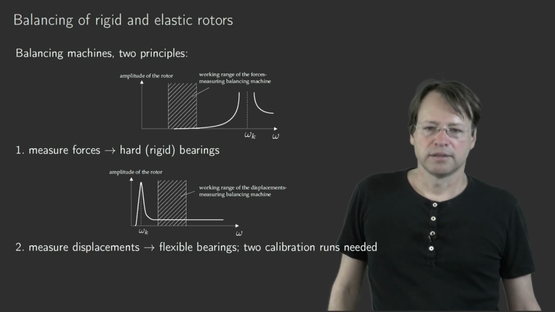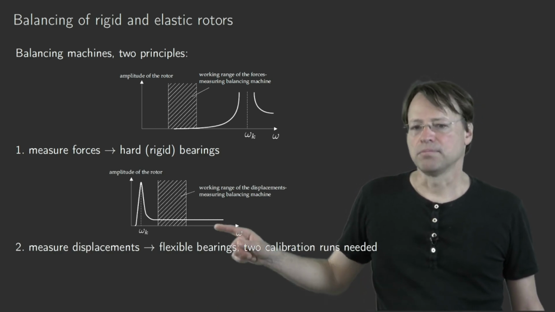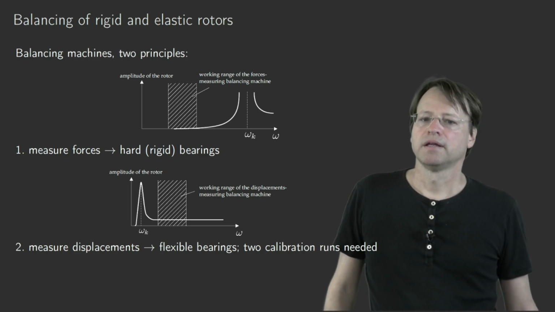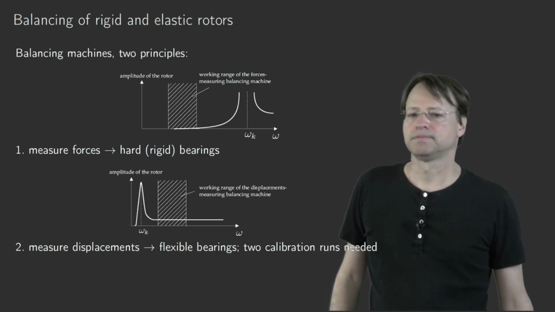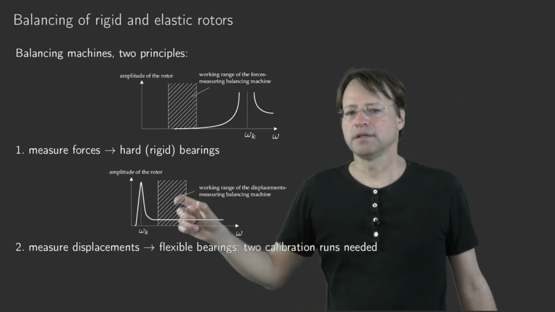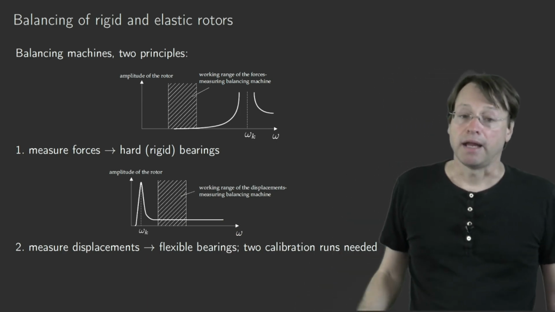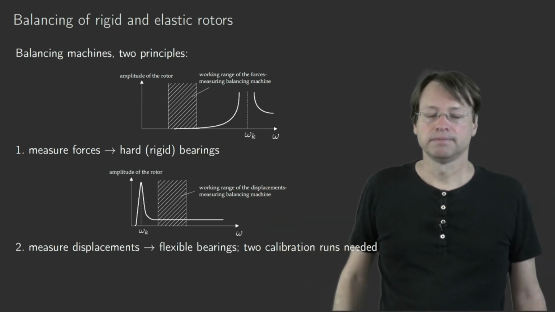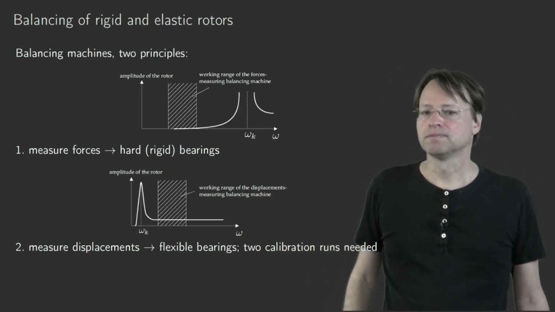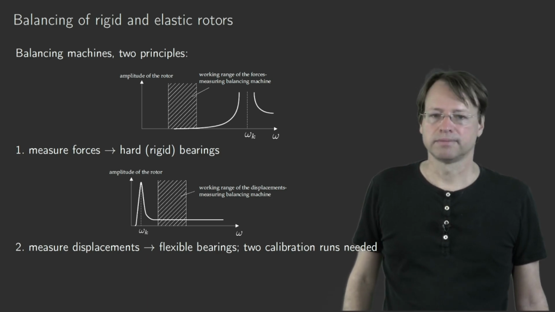On the other hand, if you measure displacement, then this works best in the supercritical range. And this is very interesting if you have a high-speed rotor and you don't want to stop it.